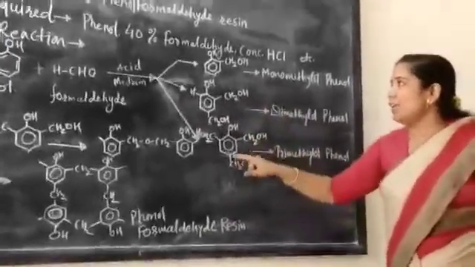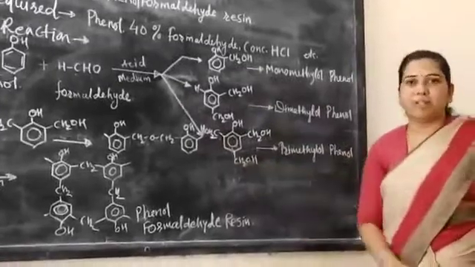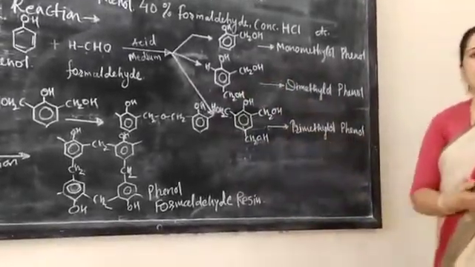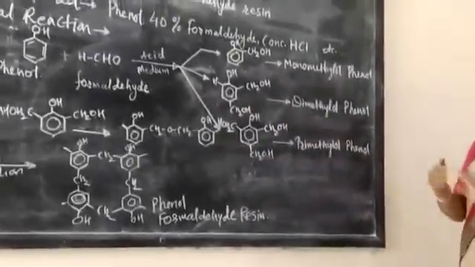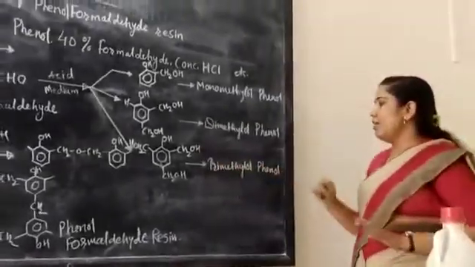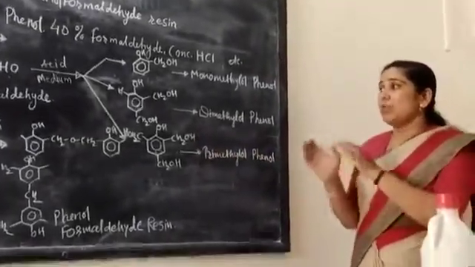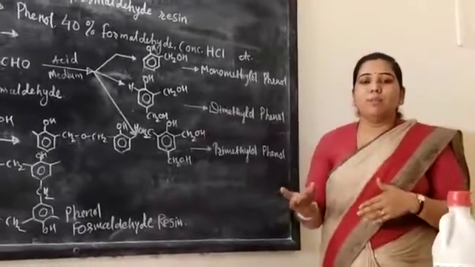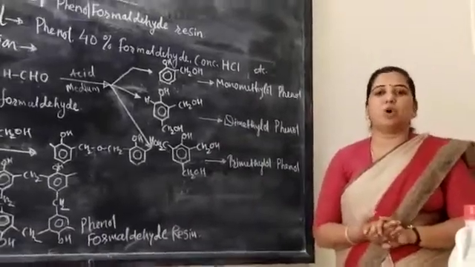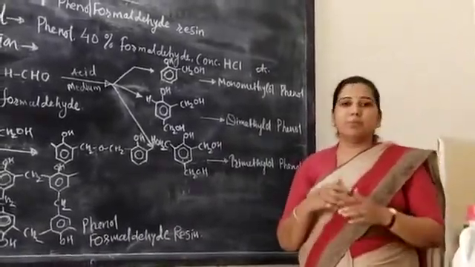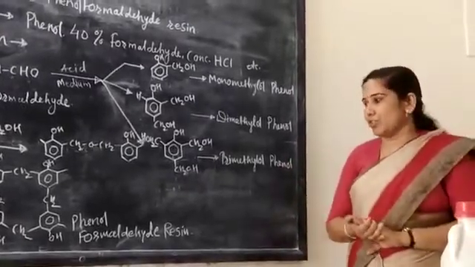And this one is 1,3,5-hydroxymethyl phenol. There are other names like that, and it is also called trimethylol phenol. So it is possible that all three hydrogens present at the ortho and para positions can be replaced by CH2OH.